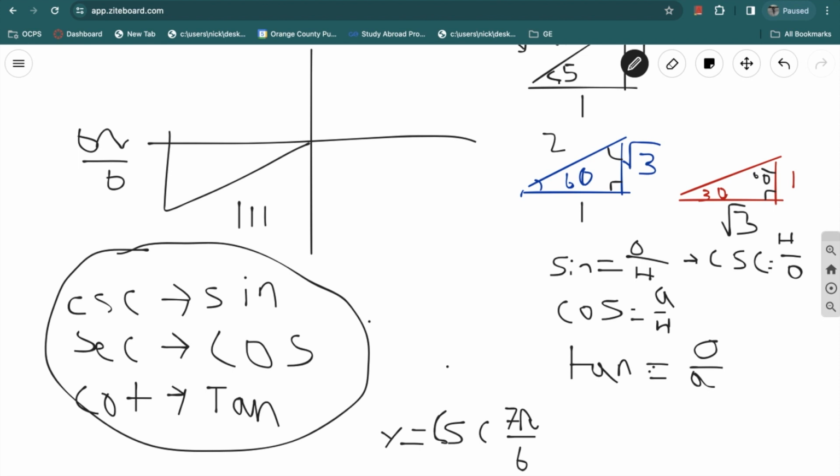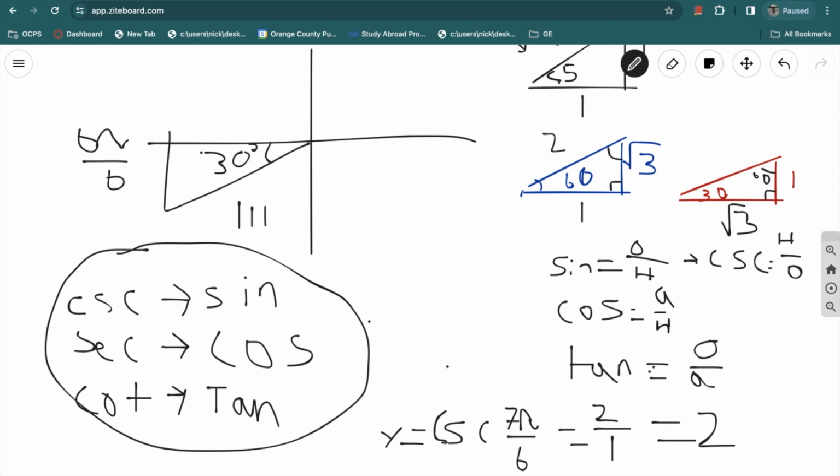So we know it's a 30-degree angle, and it's asking us for the cosecant, the inverse of sine, which means the hypotenuse over the opposite. The hypotenuse of a 30-60 triangle is going to be 2, and the opposite of the 30-degree angle is 1. So this is going to be 2. Now remember, cosecant is the inverse of sine.